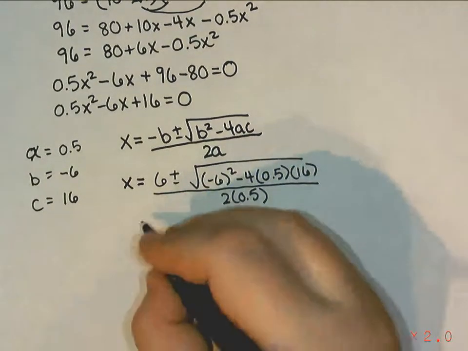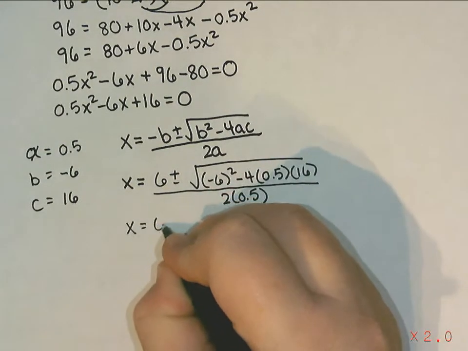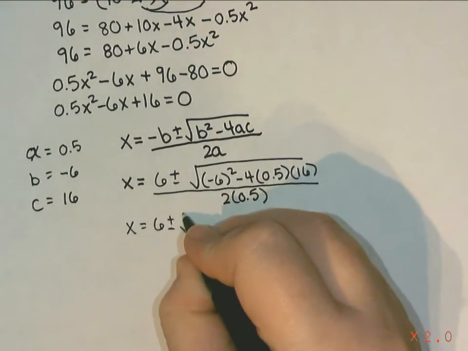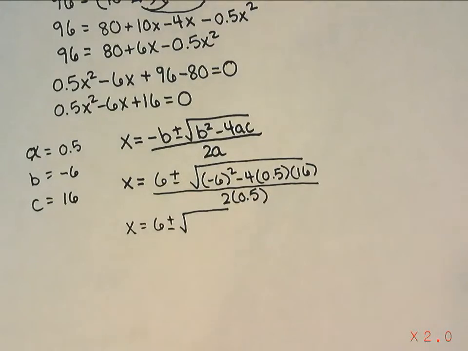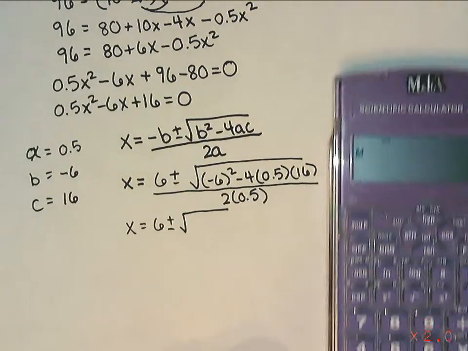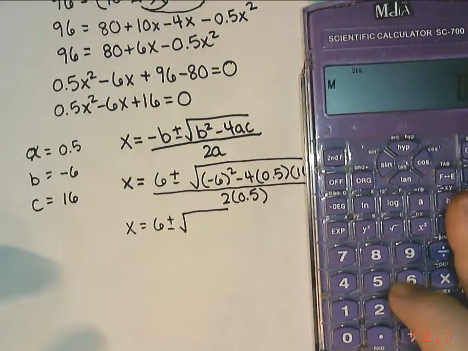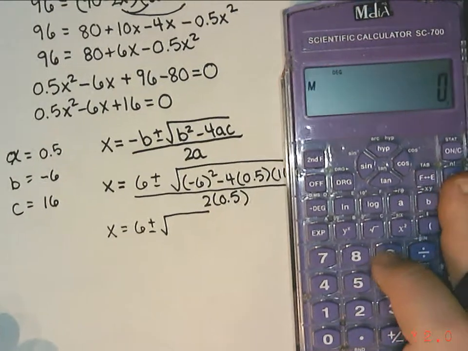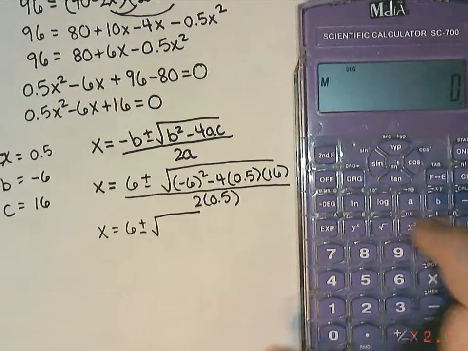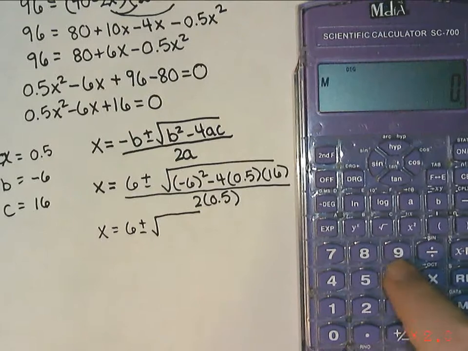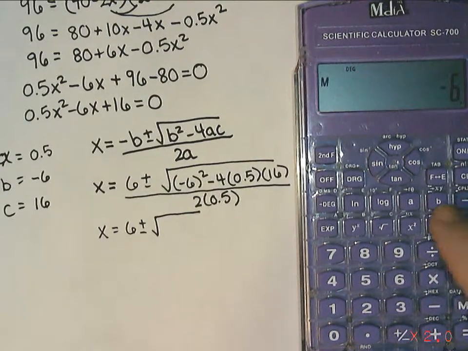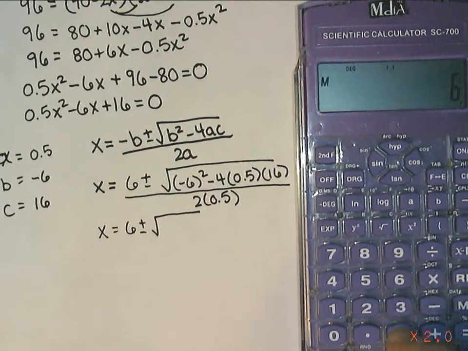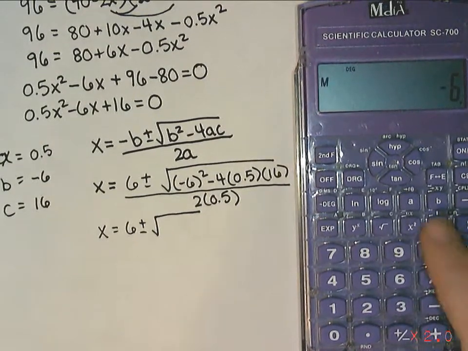Now, I'm going to work out what's under the square root. Negative 6 squared is going to be 36. It's a good idea to put it in brackets. It doesn't matter on my calculator, but it might on yours.